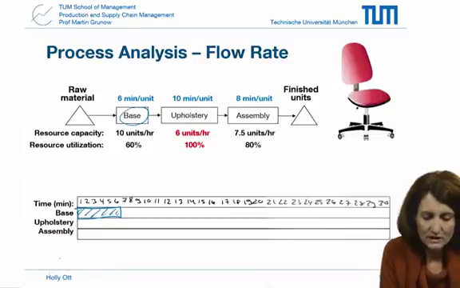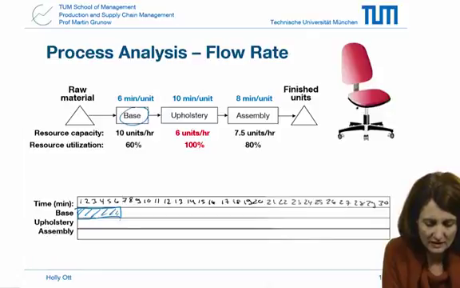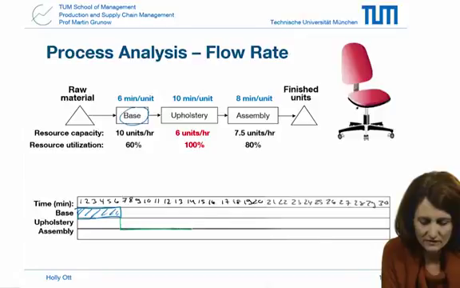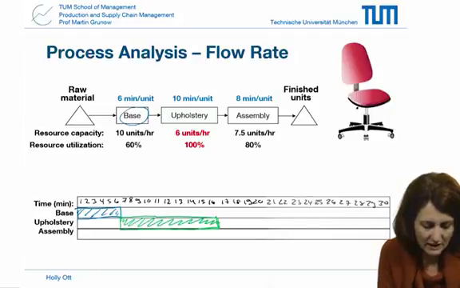Then we can start on our upholstery, which is 10 minutes. So this is 7, 8, 9, 10, 11, 12, 13, 14, 15. Then we need 8 minutes per unit.